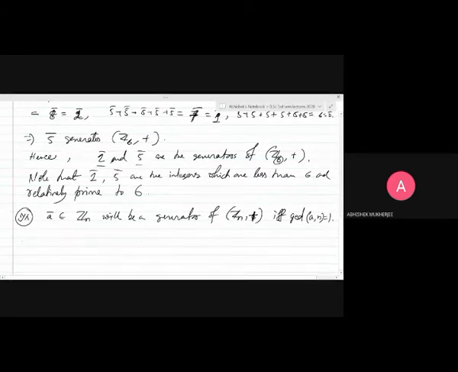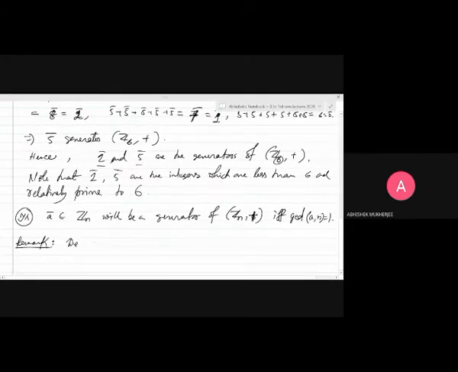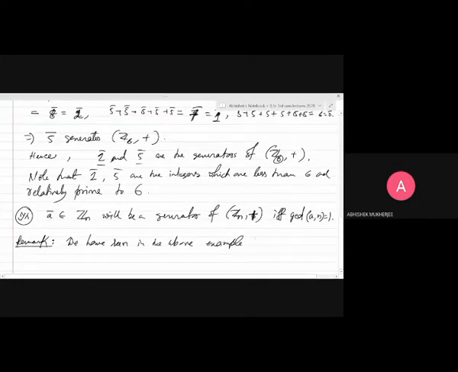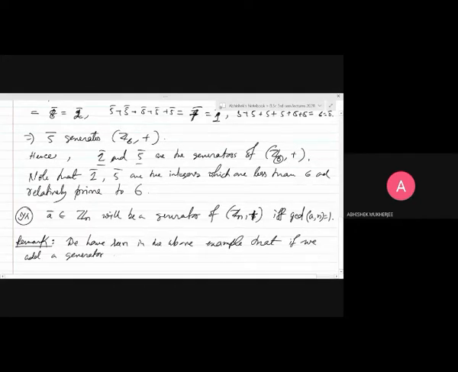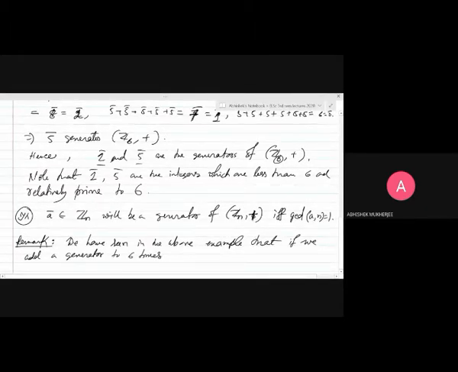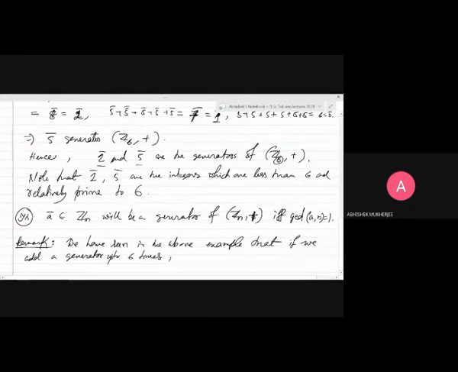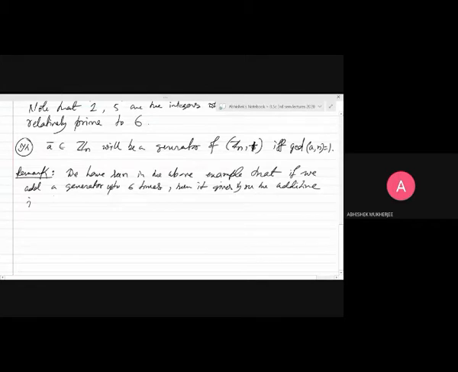Now the remark is that we have seen in the above example that if we add a generator to itself 6 times, then it gives you the additive identity, right? Additive identity 0 plus.